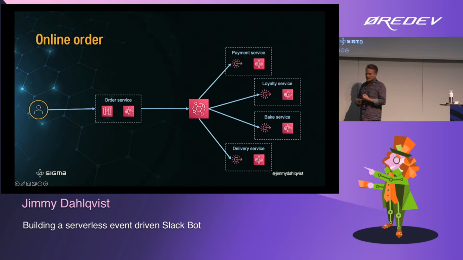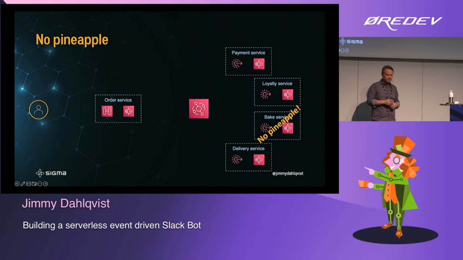Then the payment service, loyalty service, bake service, and delivery service can pick up that an order is created, figure out, hey, there's a new order, I need to do something. We need to bake the pizza, we have to pay for the pizza, we have to deliver a pizza. So that event is just broadcasted out and observed by all other services.